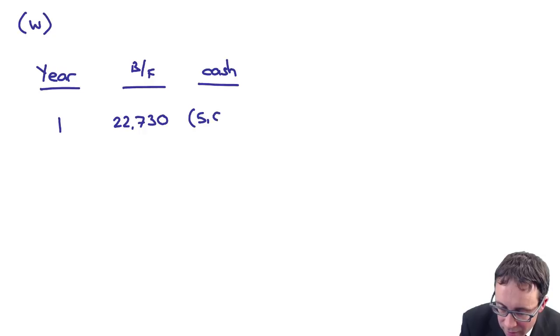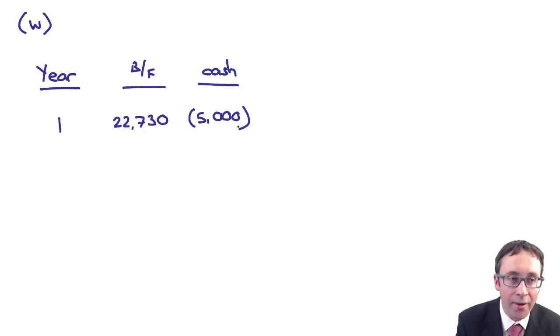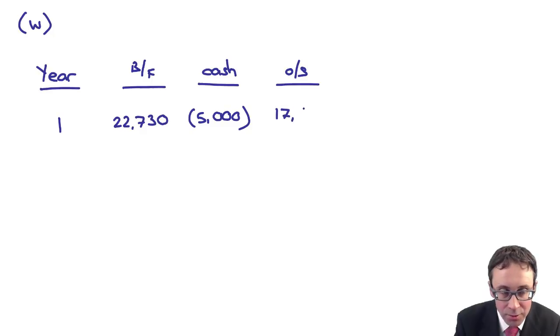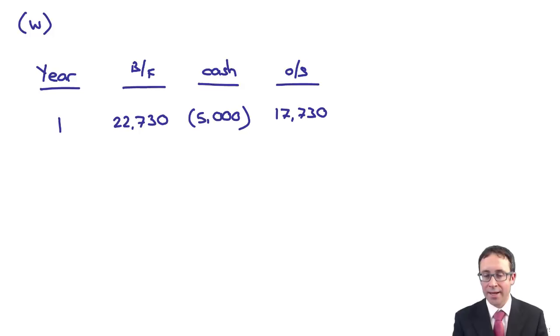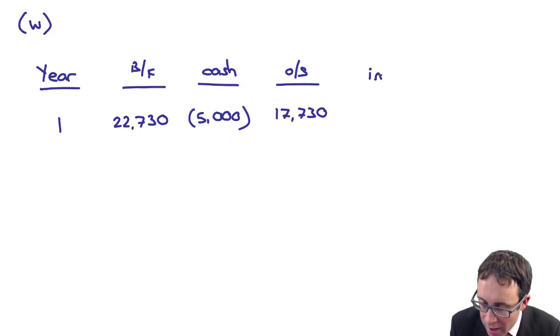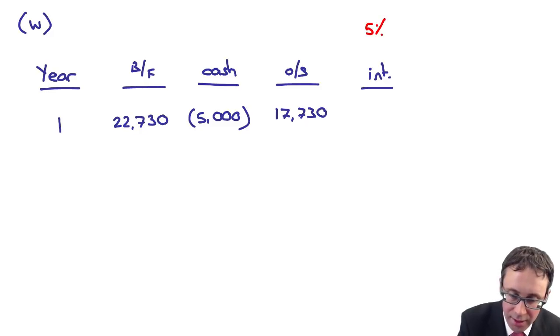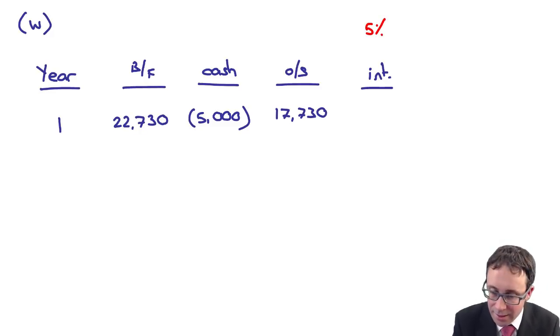So was it $5,000 per annum? Okay, that is what we make as a payment. For reasons you will see in a moment, we then look at the outstanding capital balance, which is 17,730. You then have your interest. Remember, the interest is at the rate implicit in the lease, which is 5%.